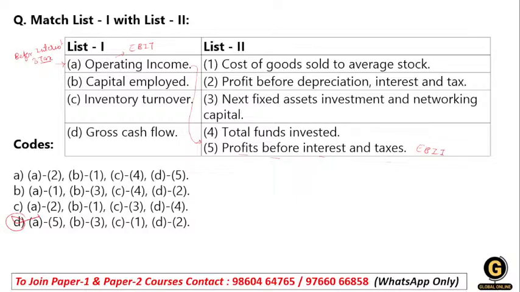Now we have capital employed. What is capital employed? It means how much capital the company uses for production, for its employment.